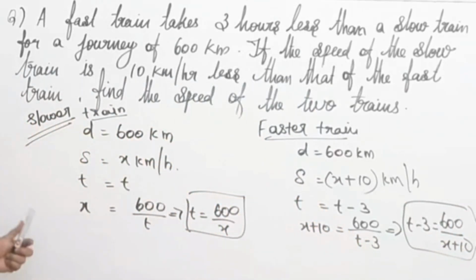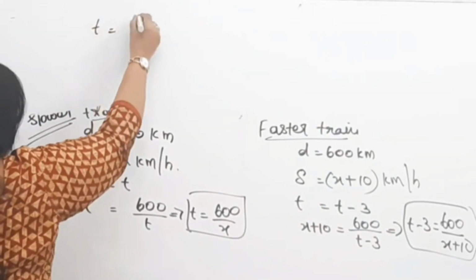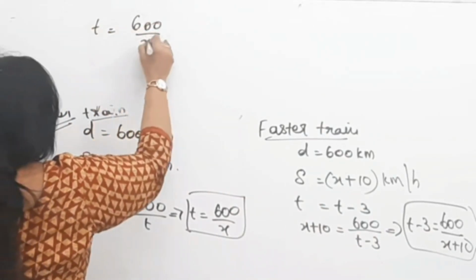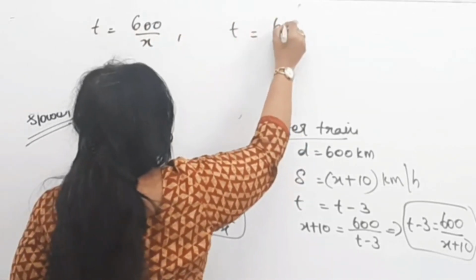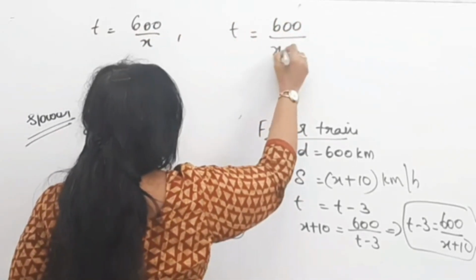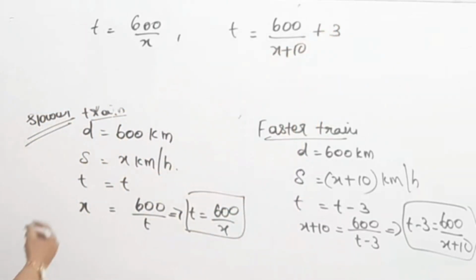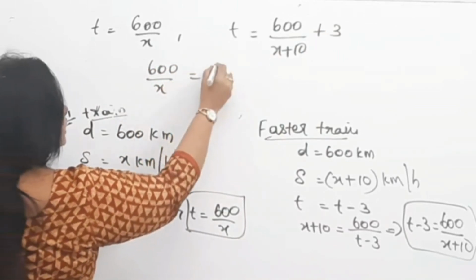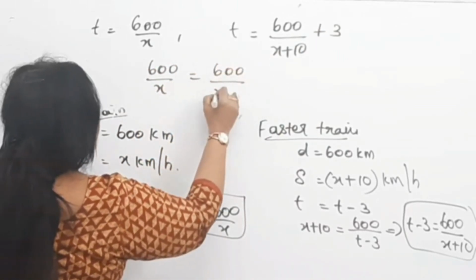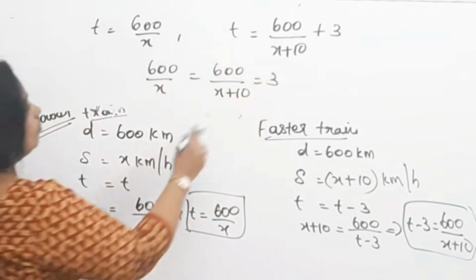Now, I have to get my quadratic equation. First, t is equal to 600 by x, and the second, t is equal to 600 divided by x plus 10, plus 3. So, I equate both the equations. That becomes 600 by x is equal to 600 divided by x plus 10 plus 3.